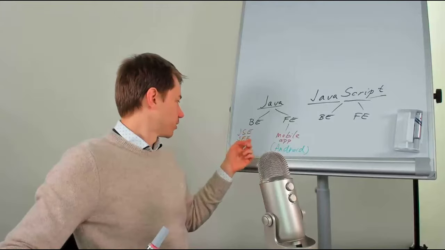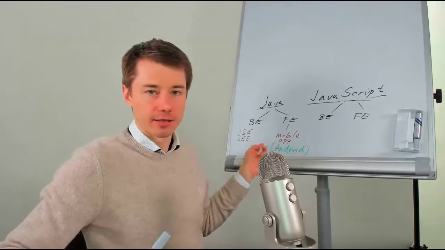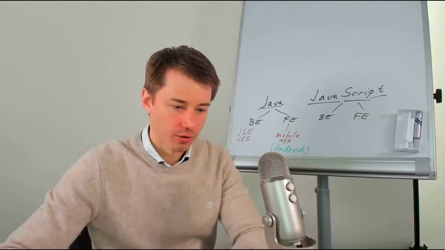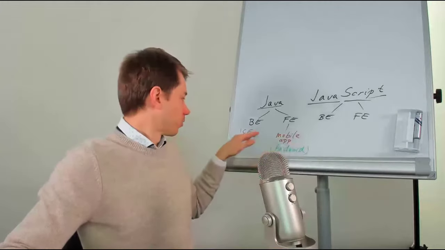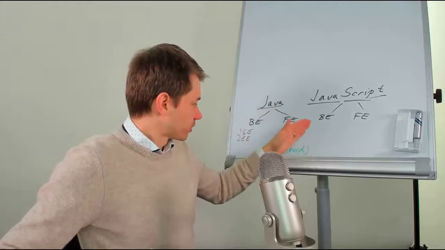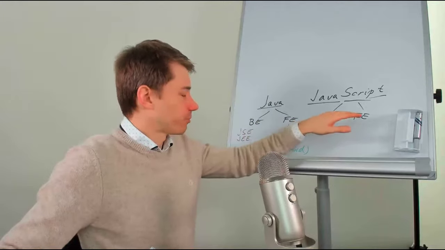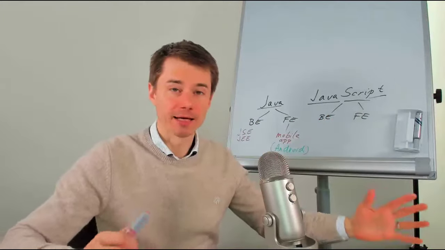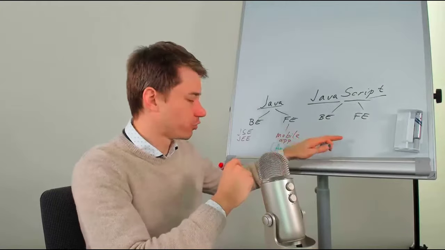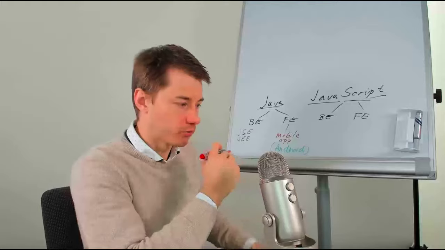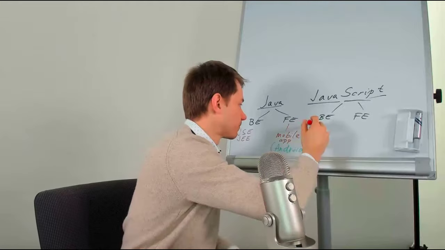We will talk about some of the frameworks later on today. For now we need to separate backend, frontend, mobile app, and JavaScript also could be used on backend, which was introduced when they released Node.js.